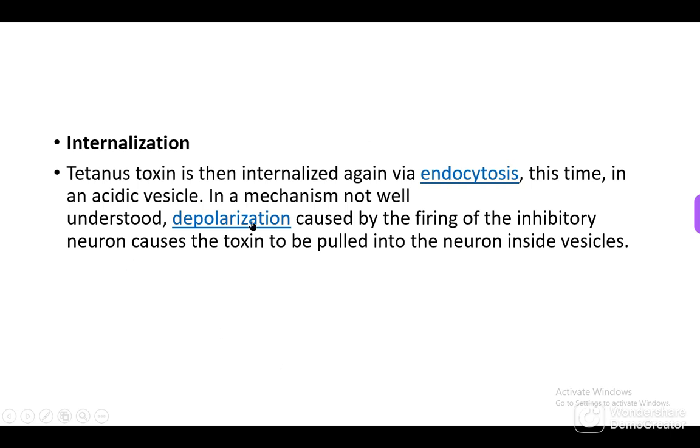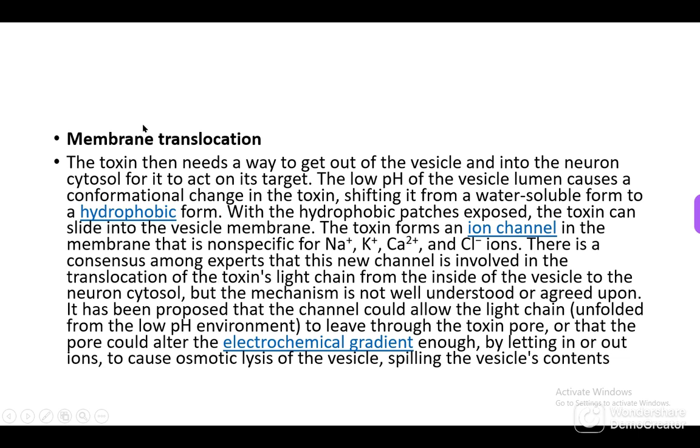Internalization, of course, is by endocytosis; it will go in as a vesicle. Actually, the mechanism is not well understood, but the depolarization caused by the firing of the inhibiting neurons causes the toxin to be pulled into the neuron inside the vesicles. There is a translocation process going on also. And this toxin forms an ion channel in the membrane with the sodium and potassium channels and calcium and chloride ions.